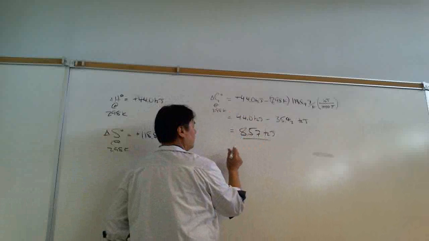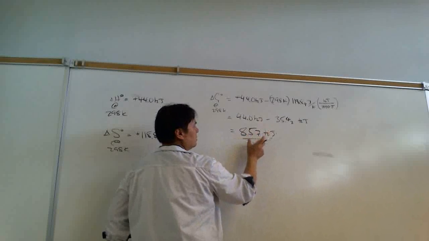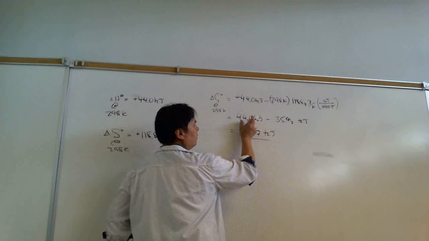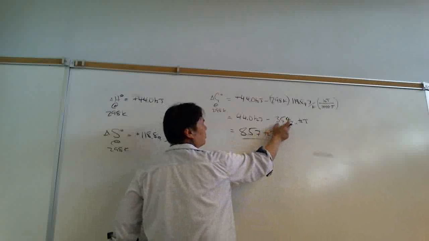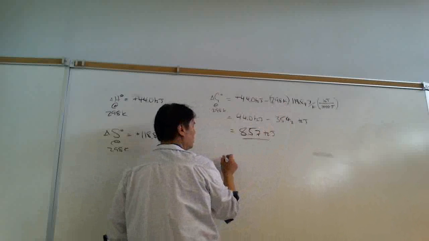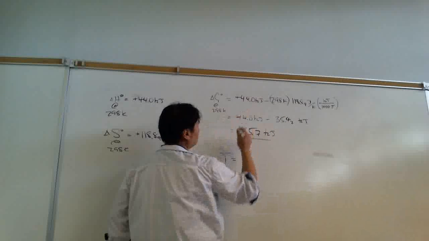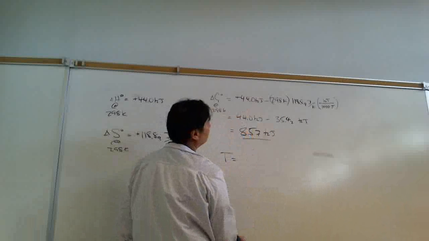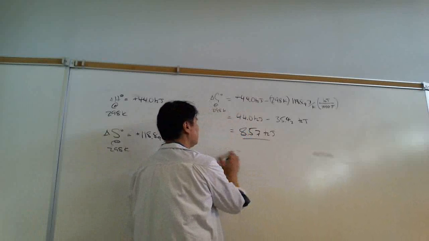At the temperature at which this goes from positive to 0, we will get 44 minus 44. And to get minus 44 here, we just need to change the temperature. And so we solve for the temperature. Actually, this is what we'll do.